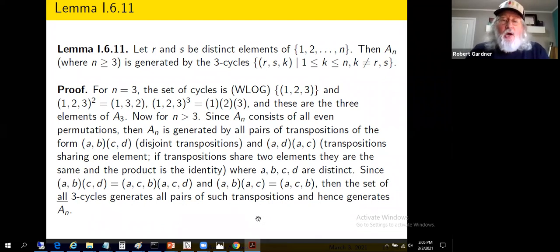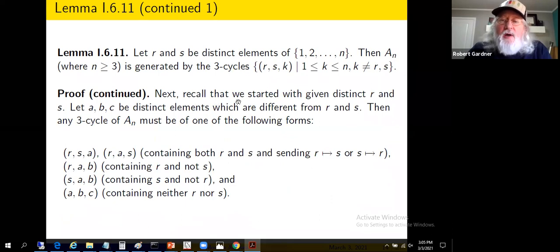So we could say all 3-cycles of these forms generate A sub n. That's not what we're trying to show. Up here, we're dealing with a situation where we have a particular collection of 3-cycles. We always have the first and second positions the same, written in this order. And that's not what we have necessarily down here. We've just got some 3-cycles.